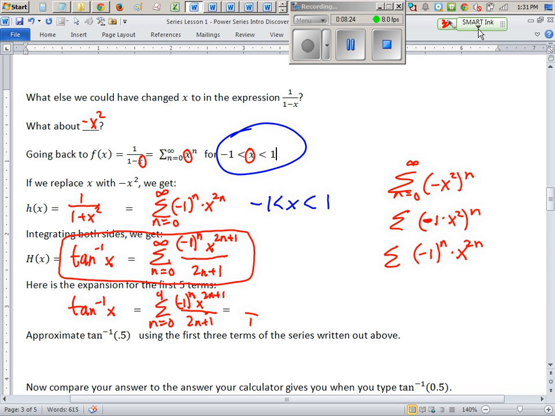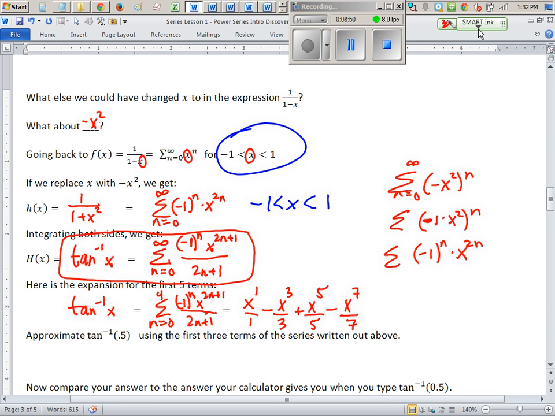So if you plug in 0, 1, 2, 3, 4, the denominators look like this: 1, 3, 5, 7, you see. It alternates signs, so it goes positive, negative, positive, negative. And this goes x to the 1st, x to the 3rd, x to the 5th, x to the 7th, you see.